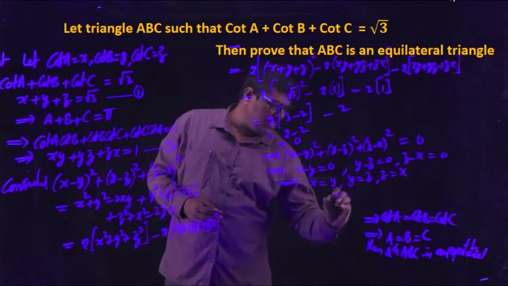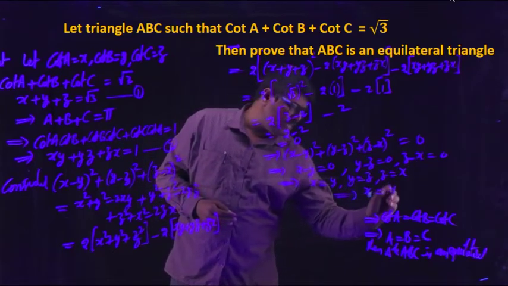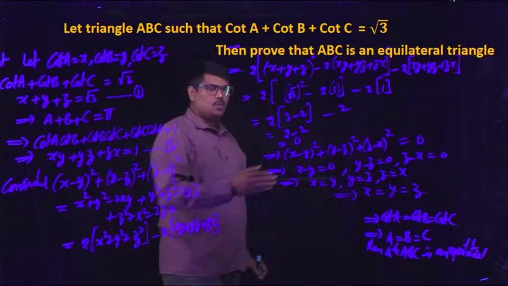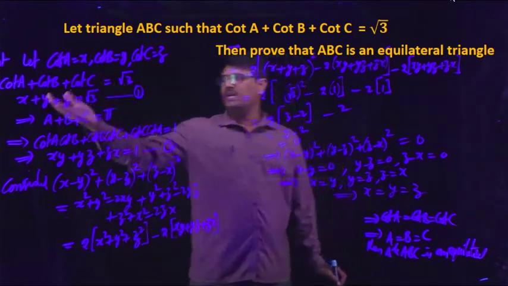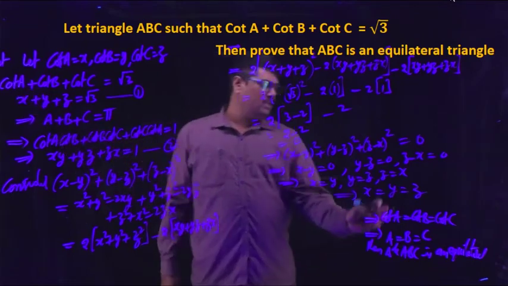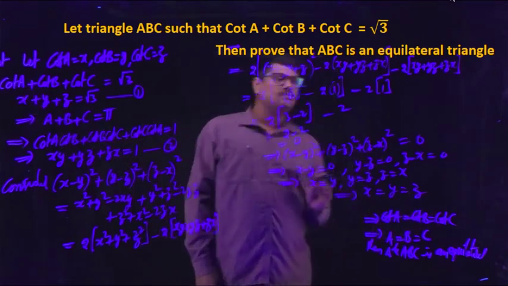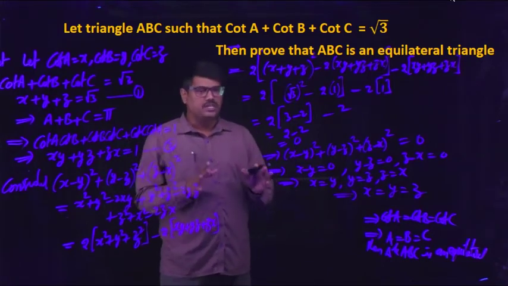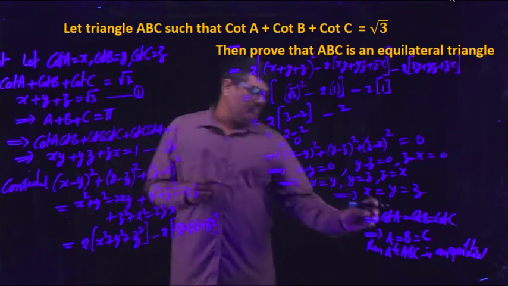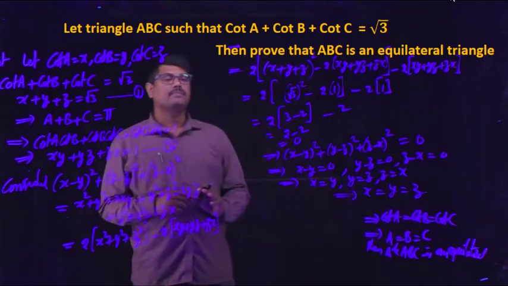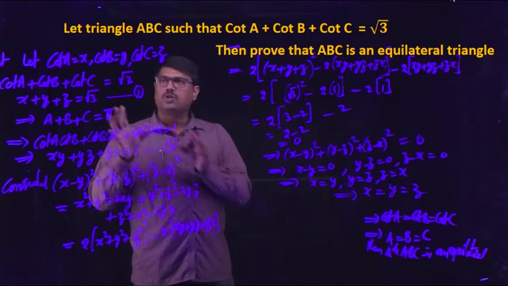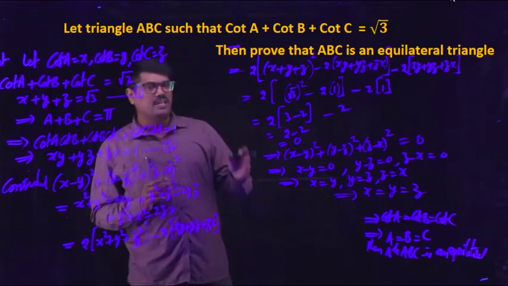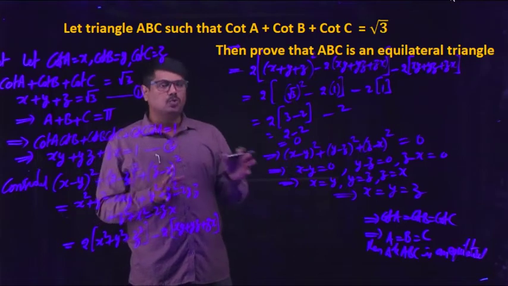So that you can equate x = y = z. What is the x value? Actually, we consider for convenience, x is nothing but cot A, y is cot B, z is cot C. So cot A = cot B = cot C is possible only if A = B = C. Why? Because you consider the angles of triangle ABC, so the sum of the angles must be equal to 180 degrees.